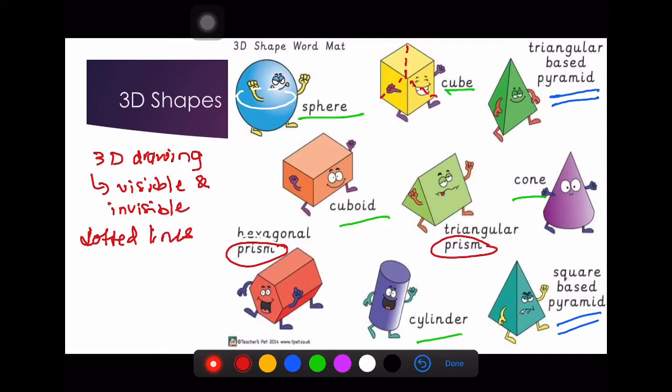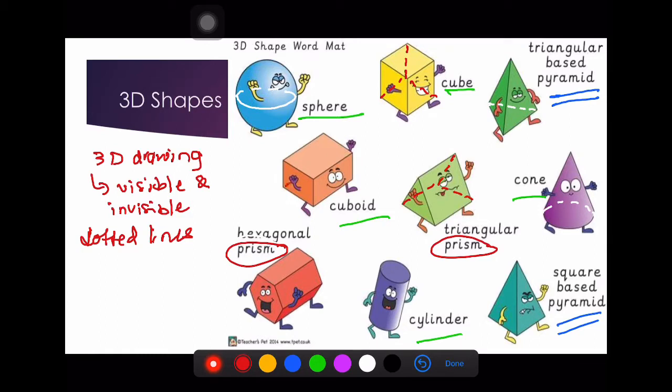And for a triangular based pyramid, dotted lines as well. For a cone, dotted lines as well to show the invisible part of the cone. And for a prism, the same thing, so you draw dotted lines to show its 3 dimensions.